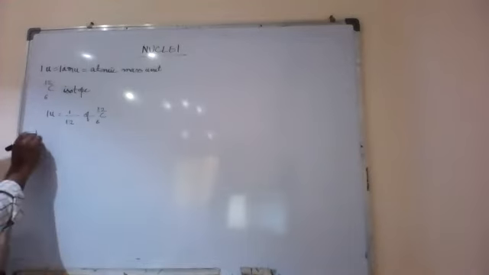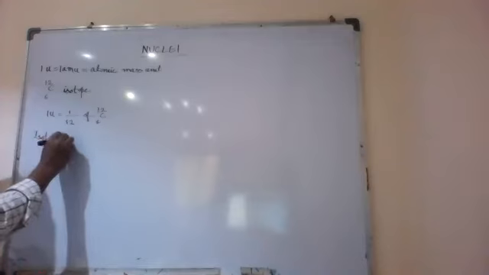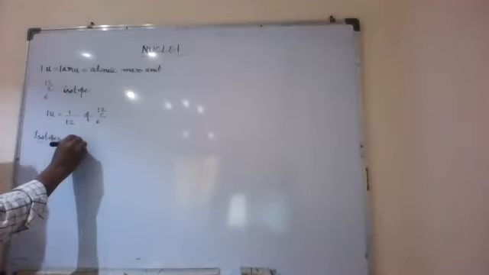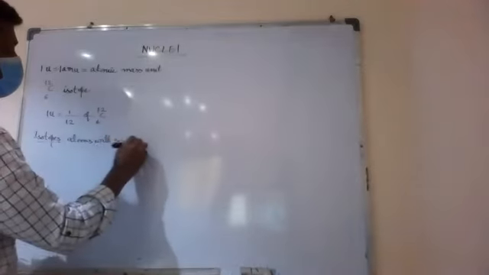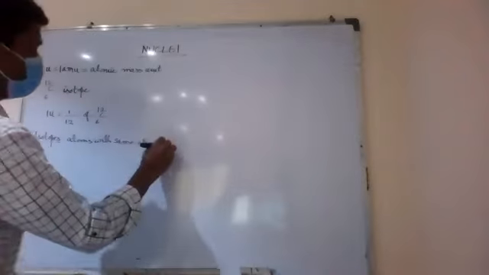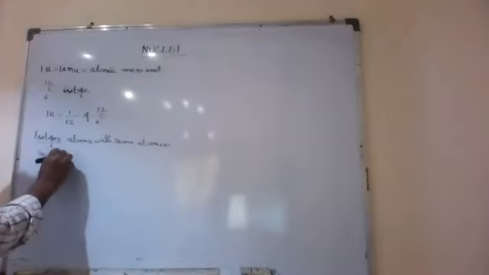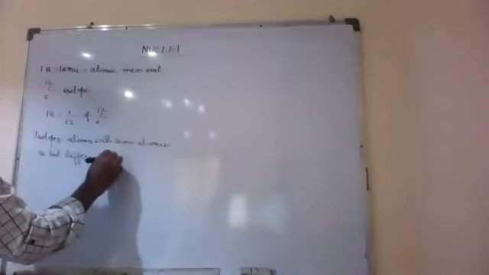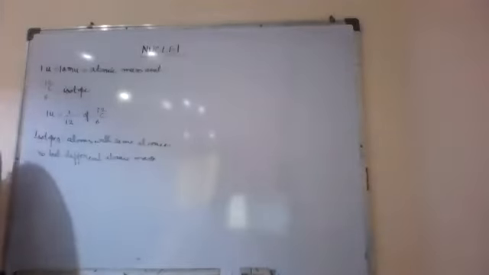Now, what is the definition of isotope? Isotopes means nuclei, or atoms, with the same atomic number but different atomic mass.